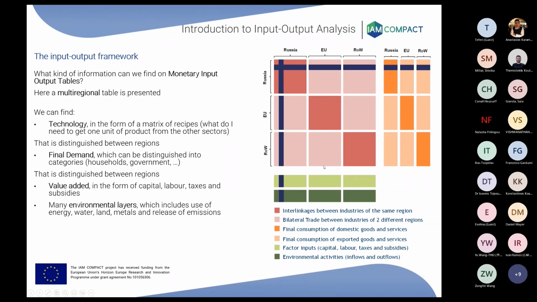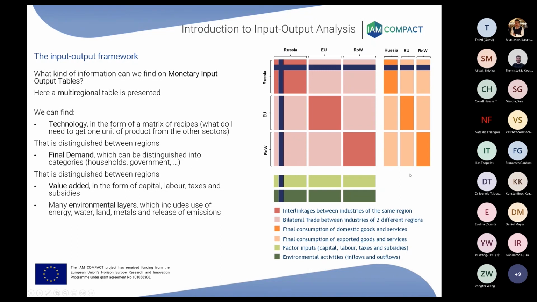This table represents, as an example, the intermediate demand and supply of products across regions. You see Russia, EU, and rest of the world as just an example. And of course, the light red blocks are the international trades.